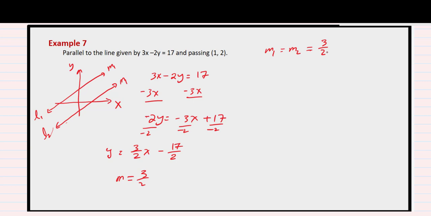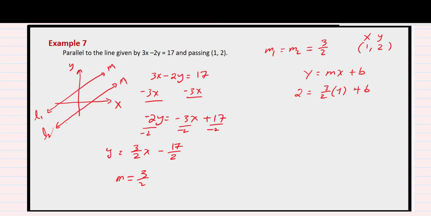Now once we determine the two slopes, which are the same, we can use the slope and the point that the line passes through, 1 and 2, to find the equation. The equation of the second line has a slope of 3 over 2, and it passes through 1 and 2, so we can use y equals mx plus b. This is the value of x, the value of y. Let's plug it in. 2 equals 3 over 2 times 1 plus b.